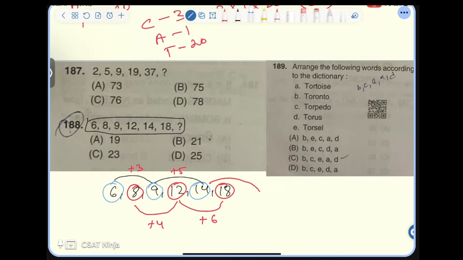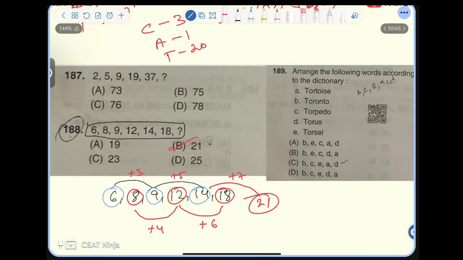It's an alternate series, a little bit more complex compared to easy ones. So plus 5, plus 6, plus 7. 14 plus 7 is how much? 21. So our answer is 21.